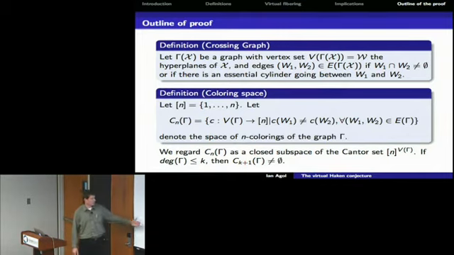Okay, so we can regard this as a closed subspace of the Cantor set, the colorings of all the vertices. That's a compact set, and we have all these closed conditions, so it's a closed subset. If the degree of the graph is less than or equal to k, then there'll be a k+1 coloring, so this will be a non-empty subset.